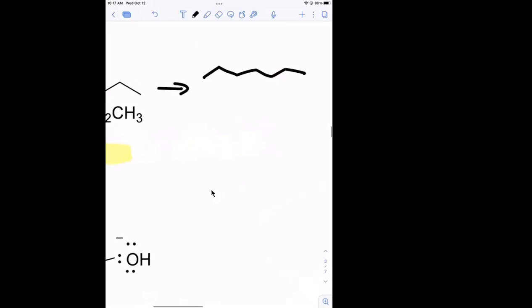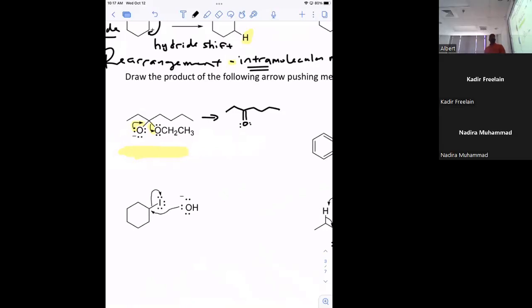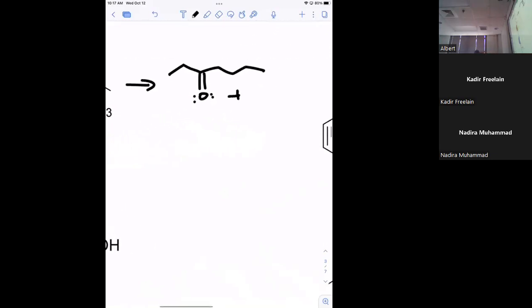Over here, let's draw what we're going to get. Because this arrow says that I am moving that pair of electrons to make a pi bond. And then right here, I'm also going to have this.